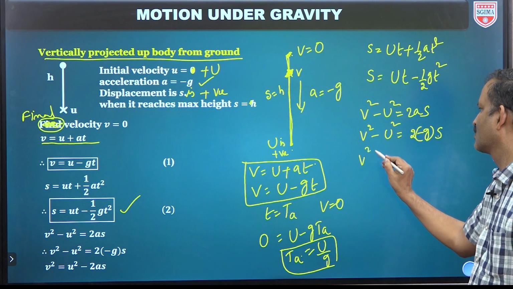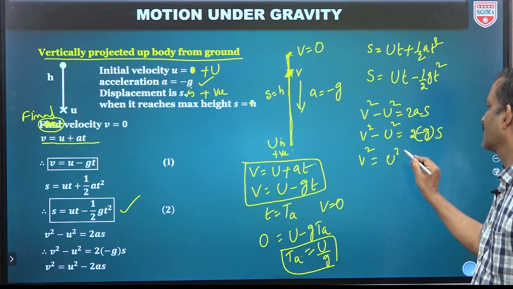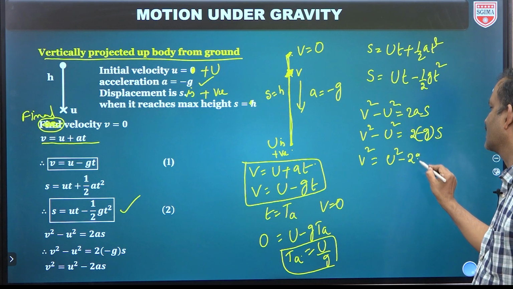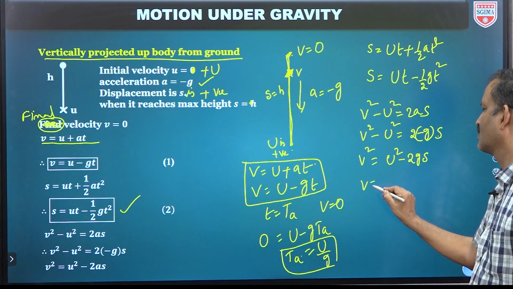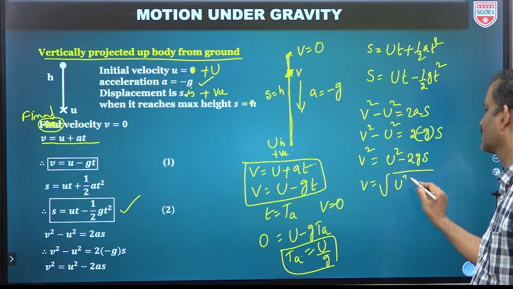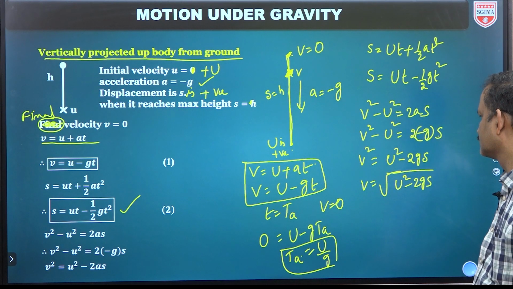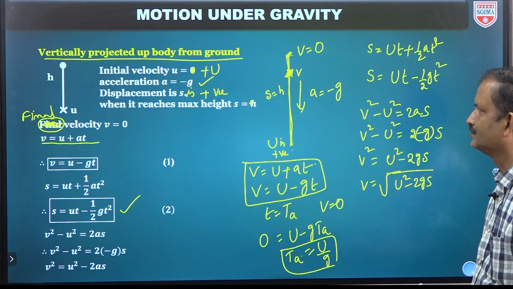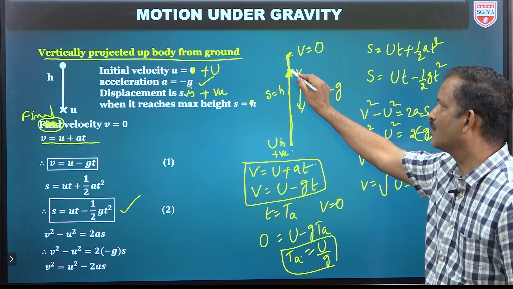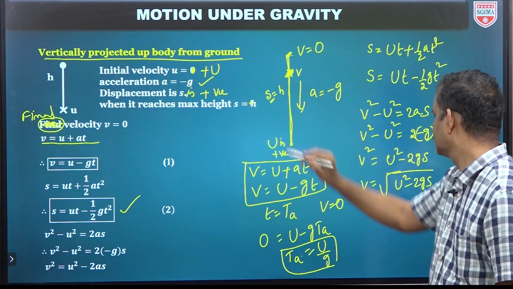So, v square is equal to u square minus 2gs. v is equal to root of u square minus 2gs. Suppose it reaches maximum height, v equal to 0. But it is at this point, not maximum height.